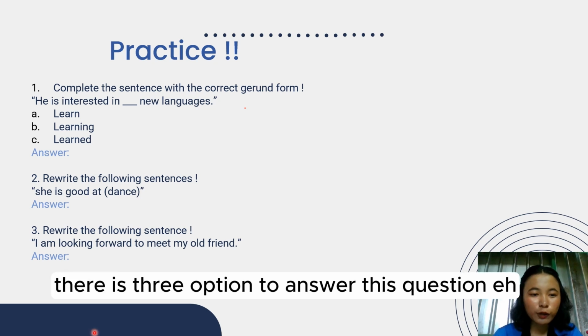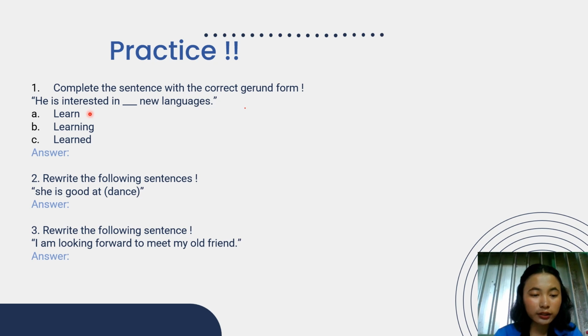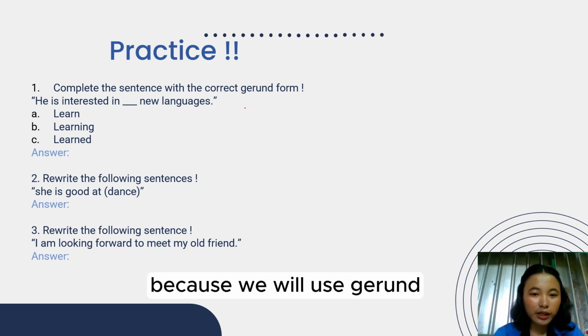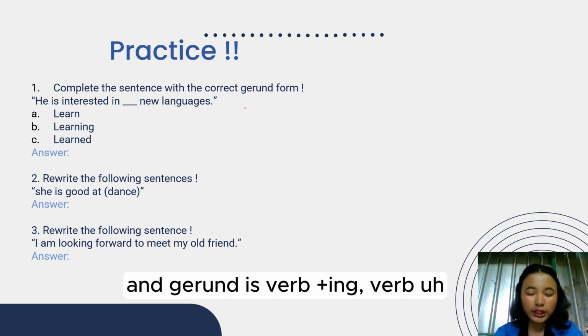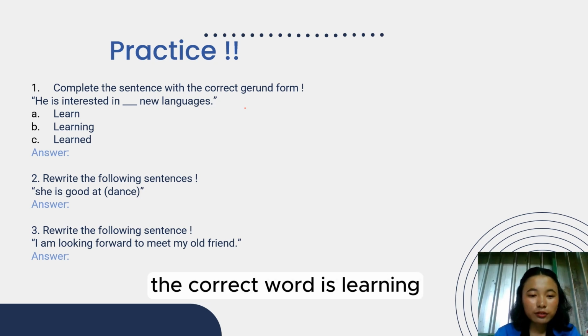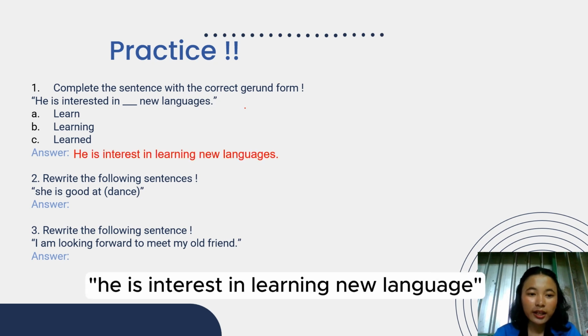Here are 3 options: A, learn, B, learning, and C, learned. Because we will use a gerund, and a gerund is a verb plus ing, the correct word is learning, and the correct sentence is "He is interested in learning new language."